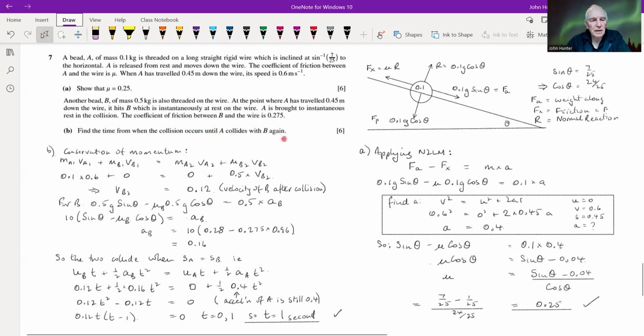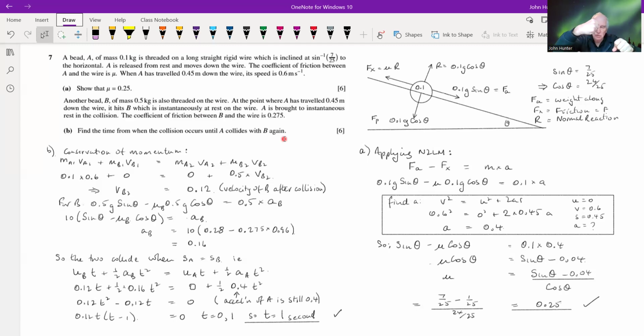Right, okay. Now, the reason this is part 7B in a 7-question mechanics paper is we just got to be able to visualize what's going on here. So basically, we've got one bead coming down, hitting this one here. This one starts moving.